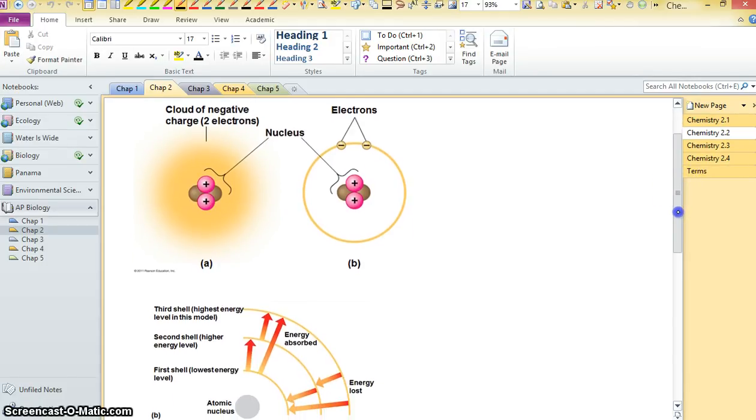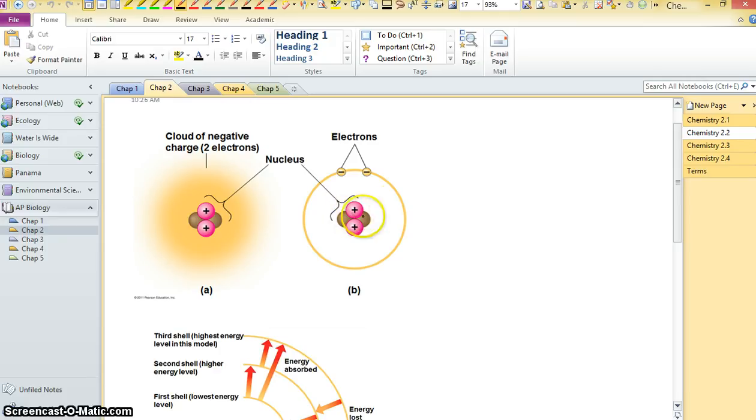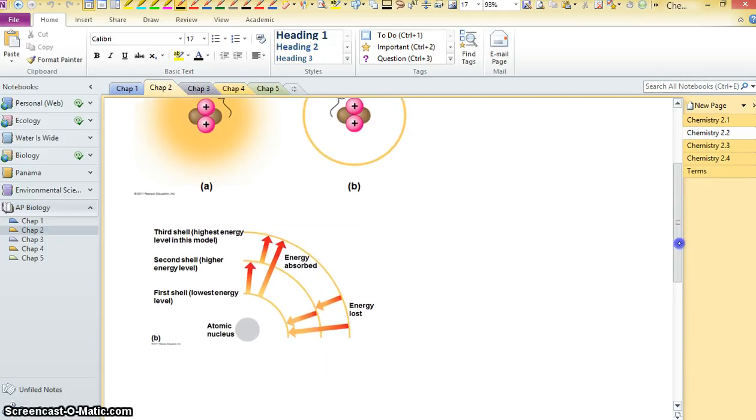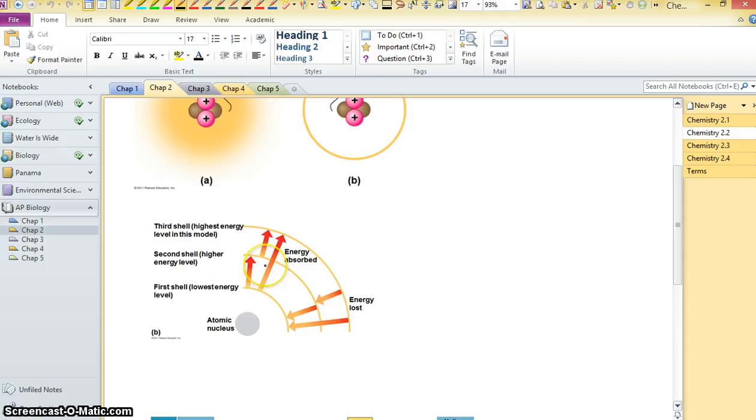Of course, the protons are positively charged, the neutrons neutral. Electrons are found in orbitals, and as those electrons get more energized, they can move into orbitals further from the nucleus, and as they lose energy, they can go back down into lower orbitals.